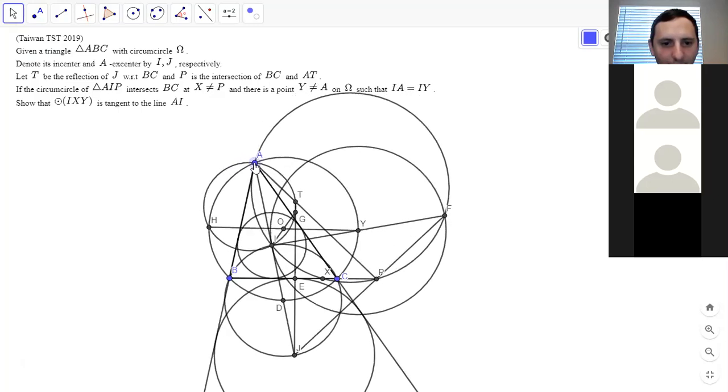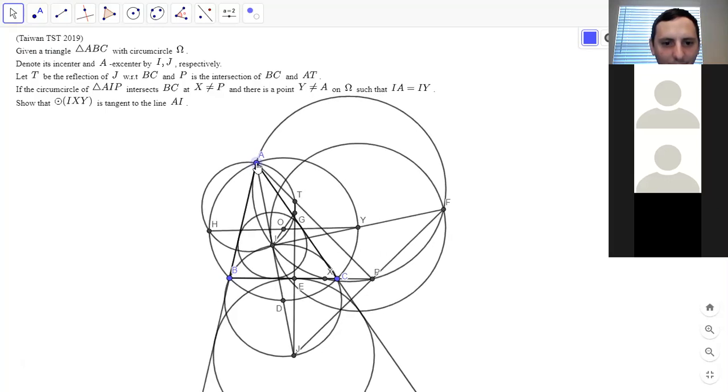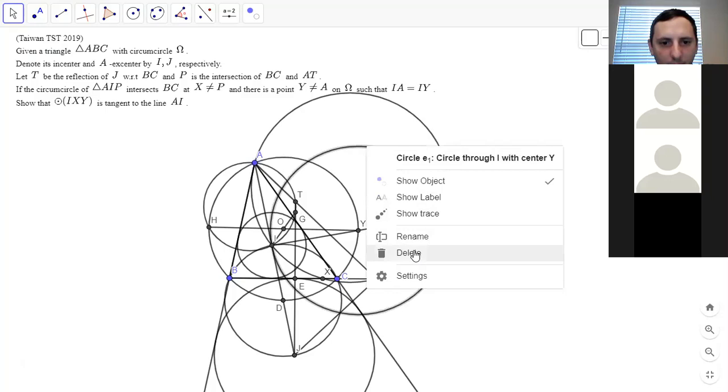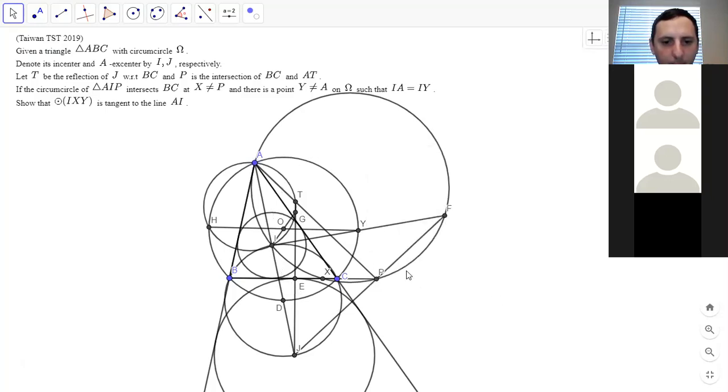So yeah, there's a lot of information here. It's just figuring out how to use it all. A lot of midpoints.